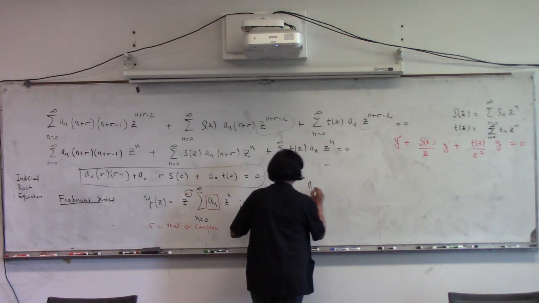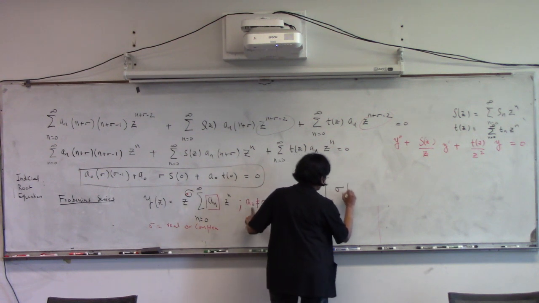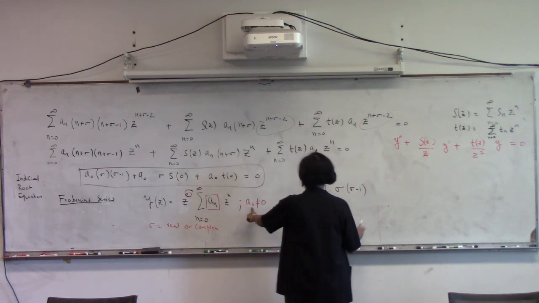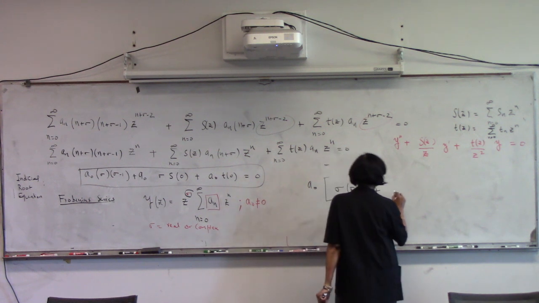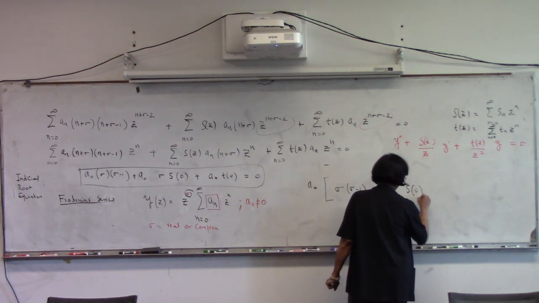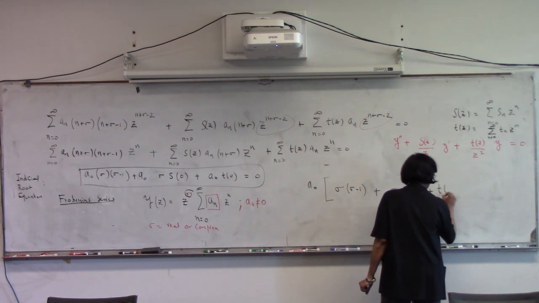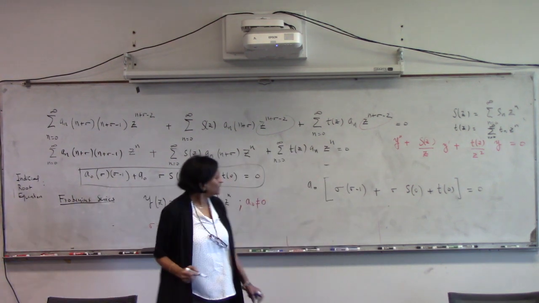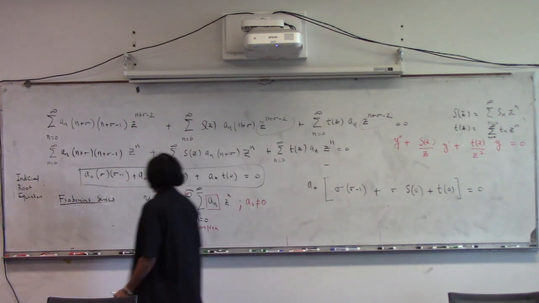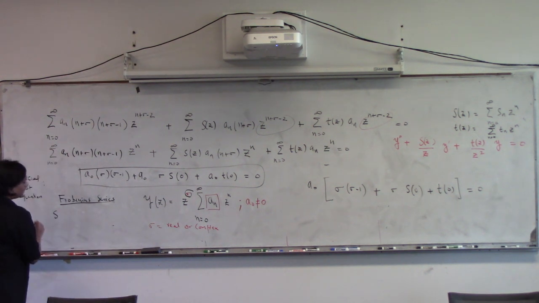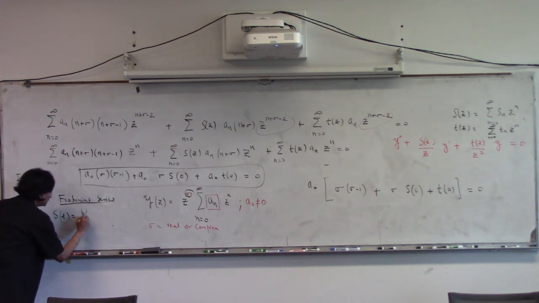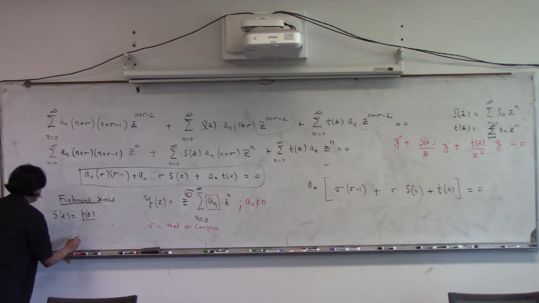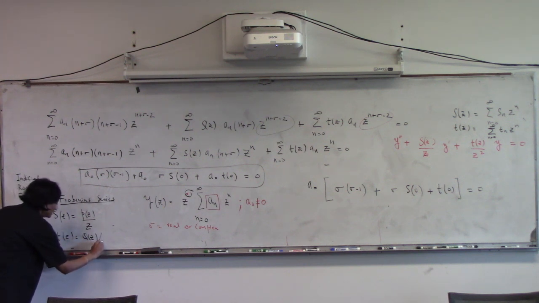So what I have is A0 times sigma times sigma minus 1 plus sigma times S of 0 plus T of 0 is 0, where S of z is P of z over z, and T of z is Q of z over z squared.